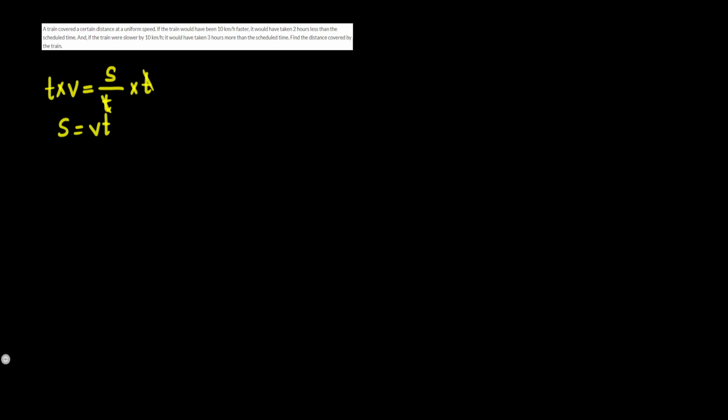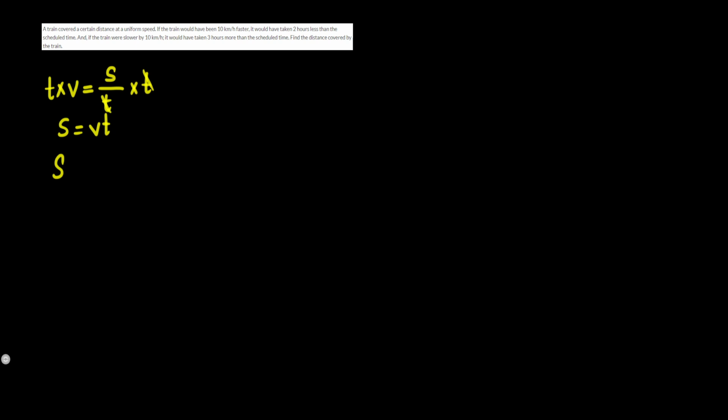If the train would have moved 10 kilometers per hour faster, it would have taken 2 hours less than the scheduled time. Same distance, it's going to travel the same distance. It says it covered a distance, so it's a past thing, and now it's giving if statements. If that's the situation, this would be the case to reach that distance.